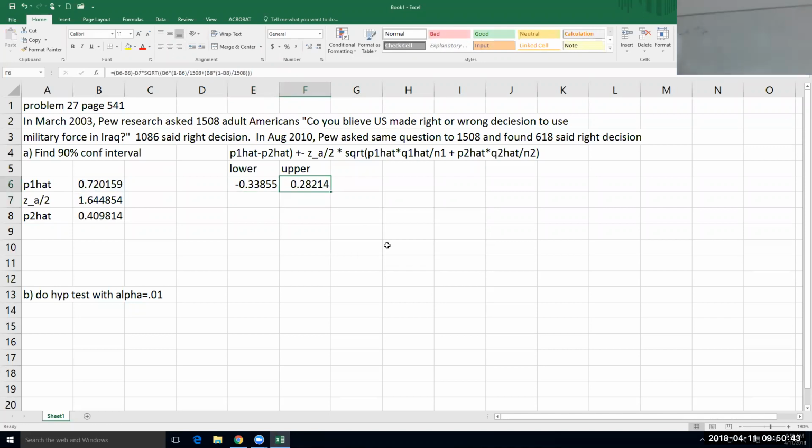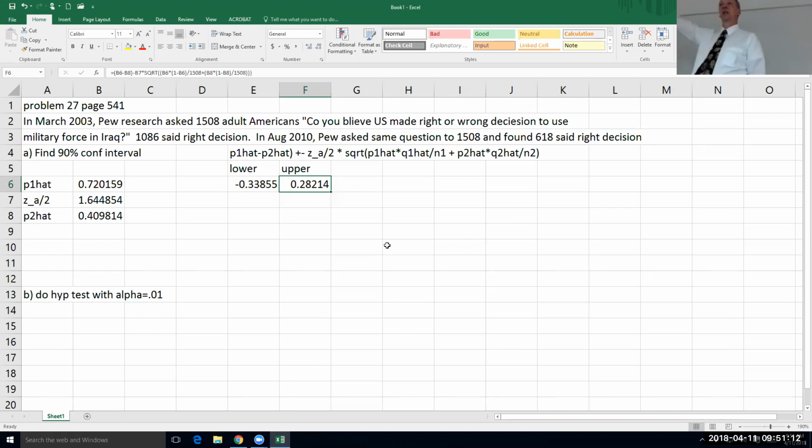Based on this confidence interval, which is now completely incorrect, but based on what I've got here, is there a significant difference in opinion of the war? Who says yes, there is still a significant difference? 1, 2. Who says no, there is not a significant difference? 1, 2, 3, 4, 5, 6. Why is no the correct answer now?